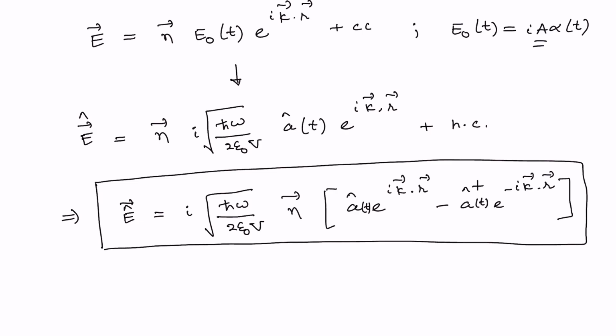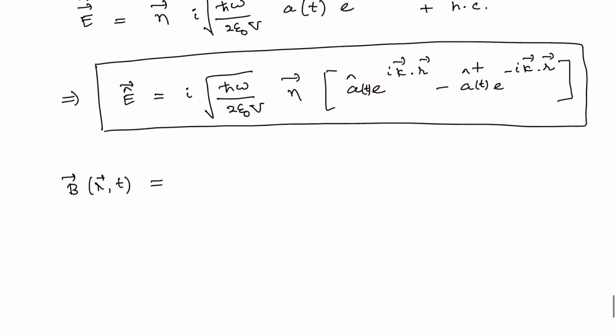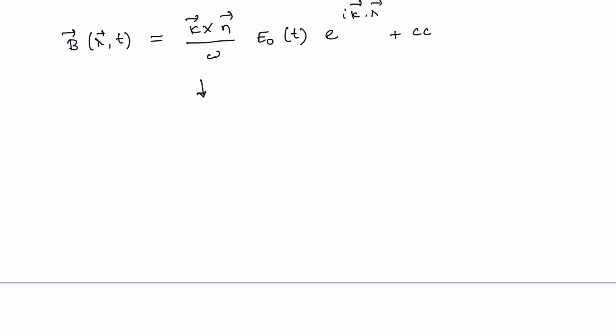Similarly, we can write down the expression for the magnetic field. Classically, we had the magnetic field expression in this form: B of r, t is equal to k cross eta divided by omega, E0 of t e to the power i k dot r plus complex conjugate. So from here it is easy to write down the expression for the magnetic field operator. The way I have done it for the electric field operator, you can do it for the magnetic field operator as well.